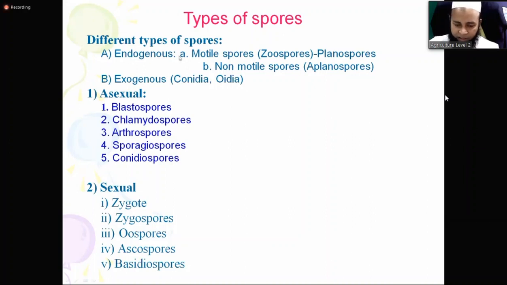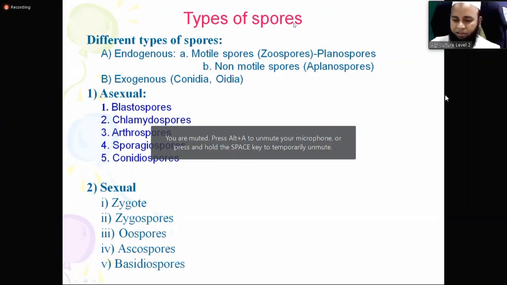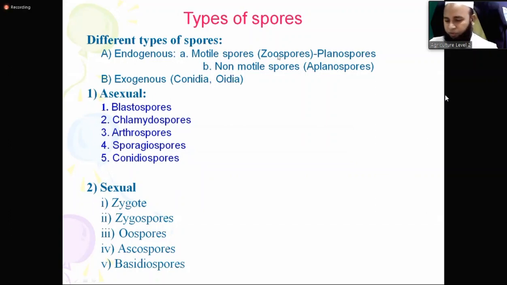Endogenous spore can be divided into two. One is motile spore, we call zoospore or planospore. And another type is non-motile spore or aplanospore.